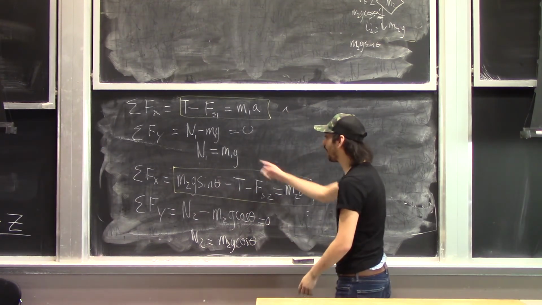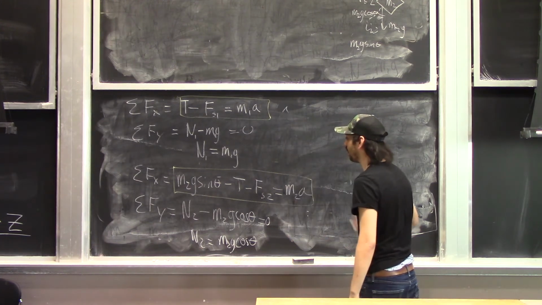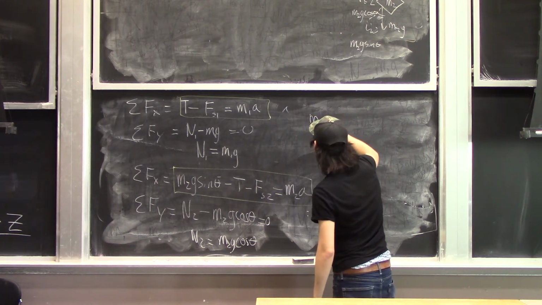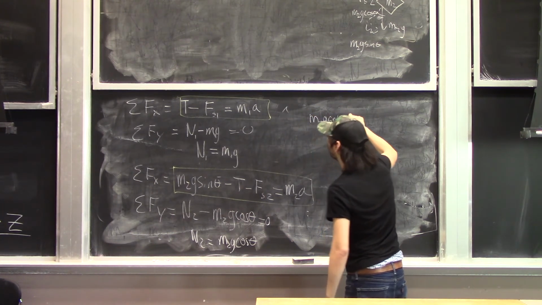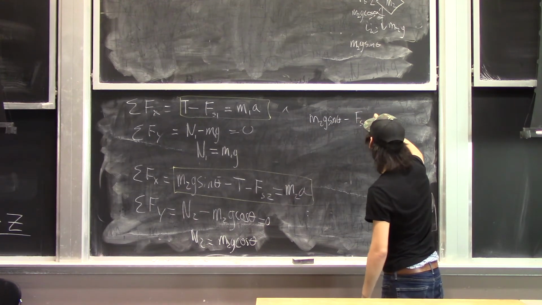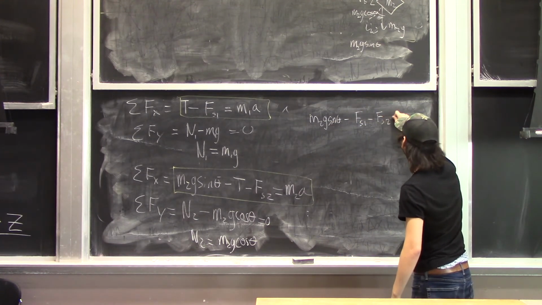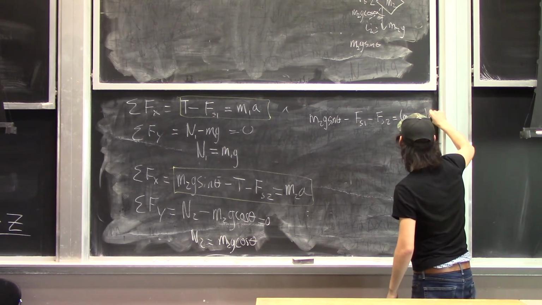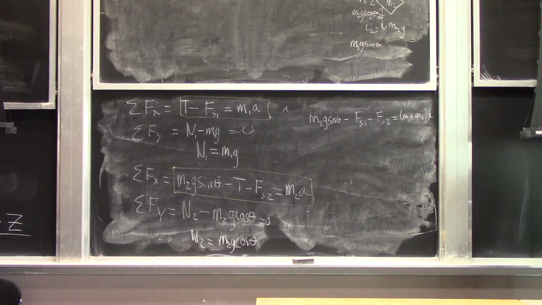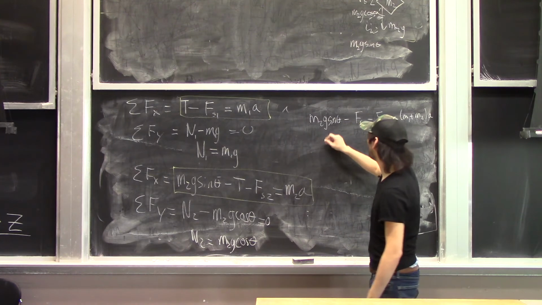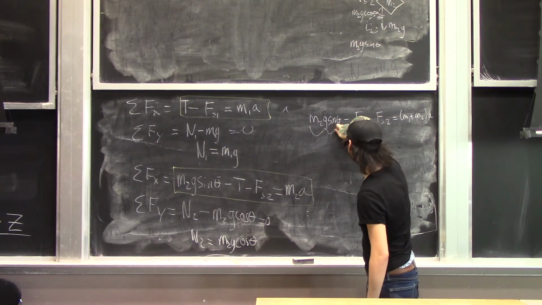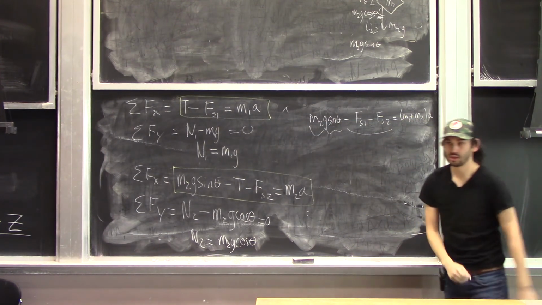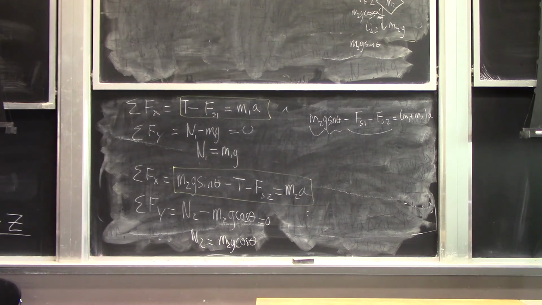When I do that, I find that m2g sine of theta minus fs1 minus fs2 is going to be equal to m1 plus m2 times a. Now that we're here, we want to pause and ask ourselves something. Is this value that I get when I take the difference between this and this going to be positive or negative?